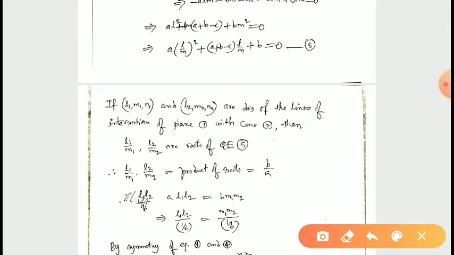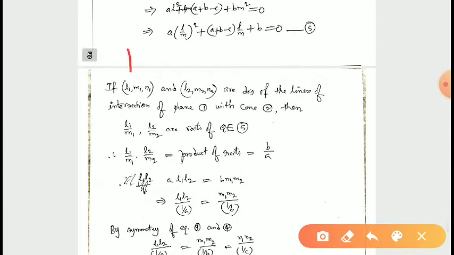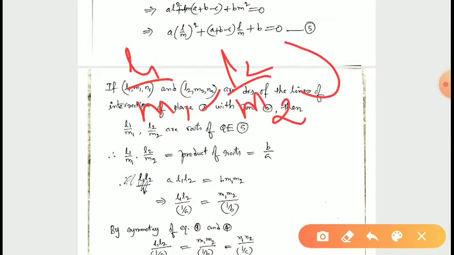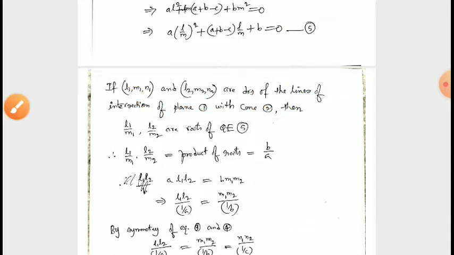Suppose that (L1, m1, n1) and (L2, m2, n2) are the direction ratios of the two generators in which this plane cuts the cone. Then we must have L1/m1 and L2/m2 are roots of this quadratic equation.